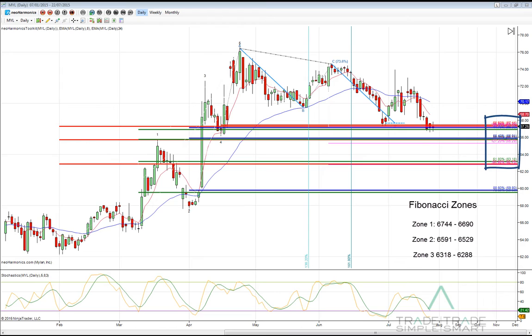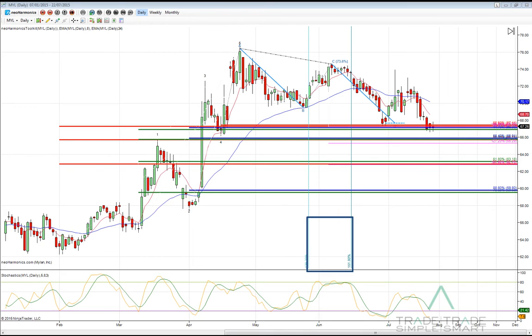What makes this a very interesting case is not only do we have our high probability Fibonacci price zones and our AB equals CD pattern, but on top of that, we have the market structure and the fact that the reversal pattern has exceeded our typical Fibonacci time window for retracement. We also have a harmonic pattern that has emerged within the final swing into our Fibonacci price zones, and this will help to add probability that a reversal will indeed unfold.